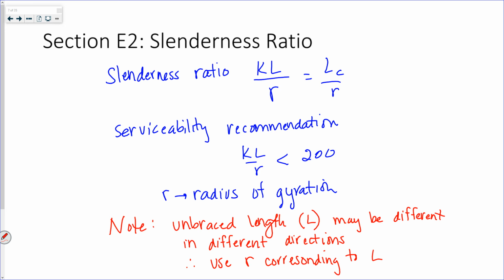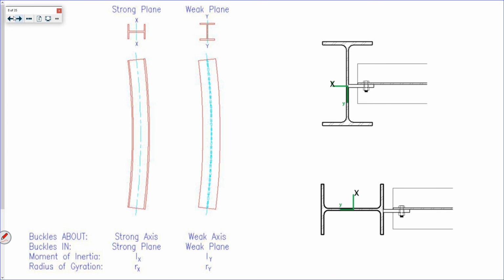So what do I mean by different directions? Well, in our cross section, we have a strong plane. Like if we're looking at this, we're looking at an I-beam, right? We have our XX axis and our YY axis. Strong plane XX, weak plane YY.